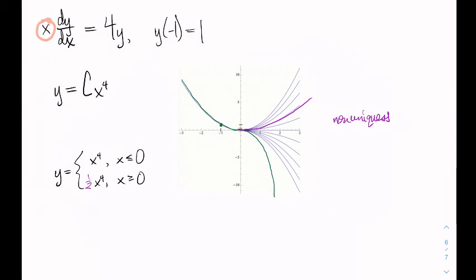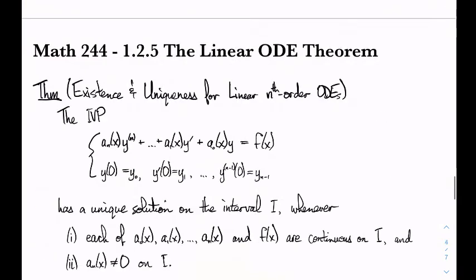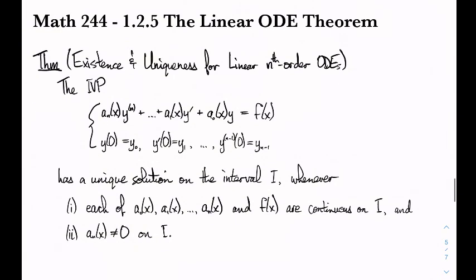So the theorem tells us that there will be a unique solution on some interval around -1, and it turns out that that interval is just going to be something out here on the negative side. And that's because if we go back to the statement of the theorem, we need to have it be the case that the coefficient is never equal to 0 on that interval.